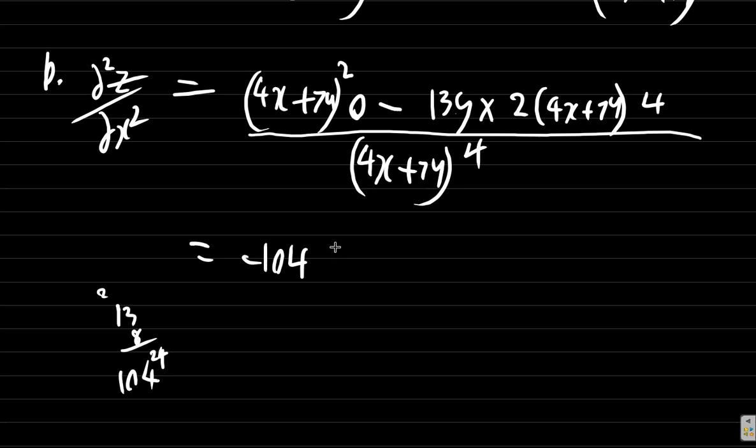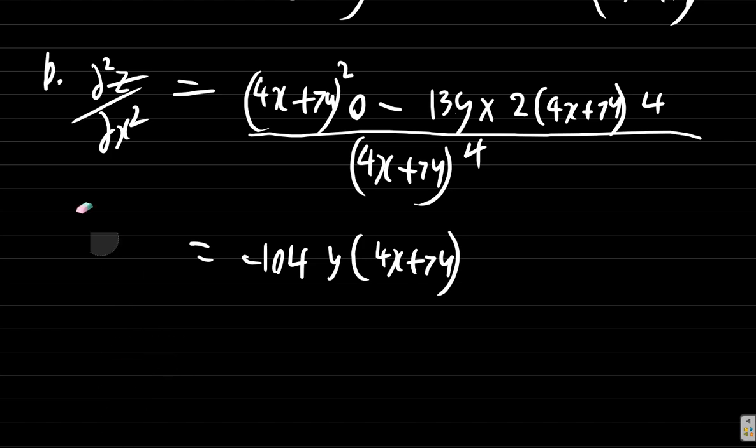Negative 104y times (4x plus 7y), divided by (4x plus 7y) to the power of 4.